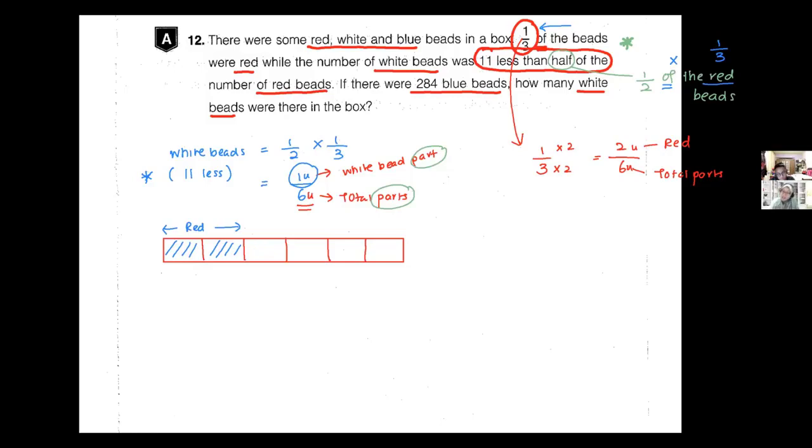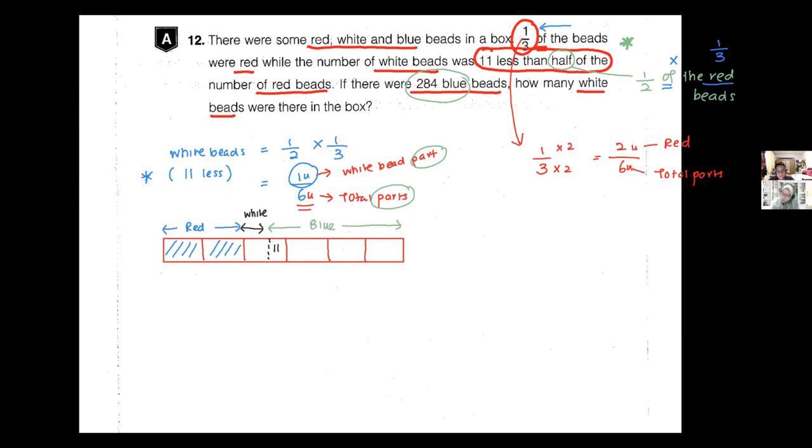So which means the white bead will be somewhere here. This is 11. And this portion here is my white. So the rest of them will be my blue beads. This whole thing is my blue.